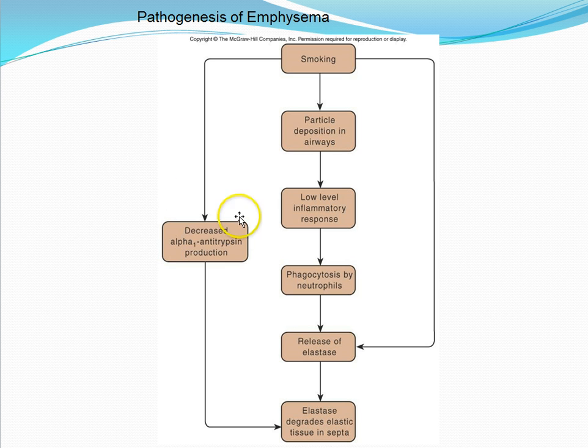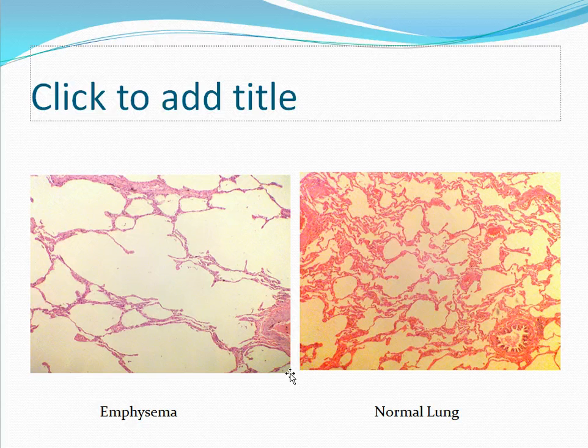Smoking also interferes with the material that prevents elastase from causing this damage. This picture shows the difference between the alveoli in a normal lung and the alveoli in emphysema. Notice these large bulla, these large spaces in the lungs.